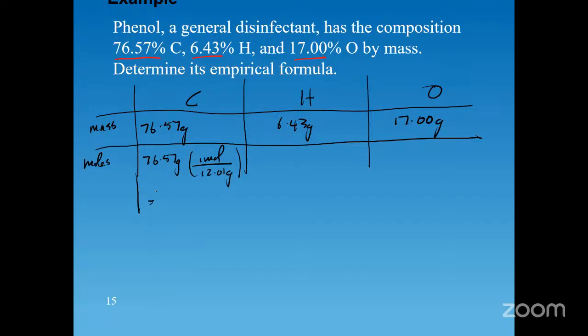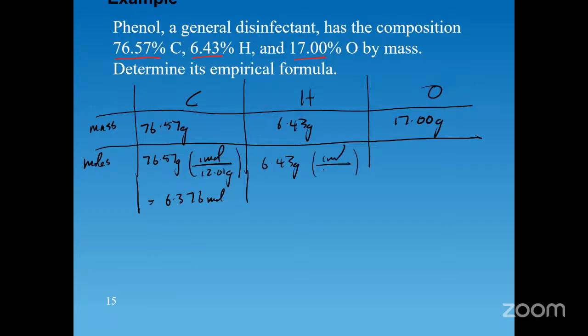So if I do that, 76.57 divided by 12.01. So according to my calculation, this works out to be equal to 6.376 moles, all right?